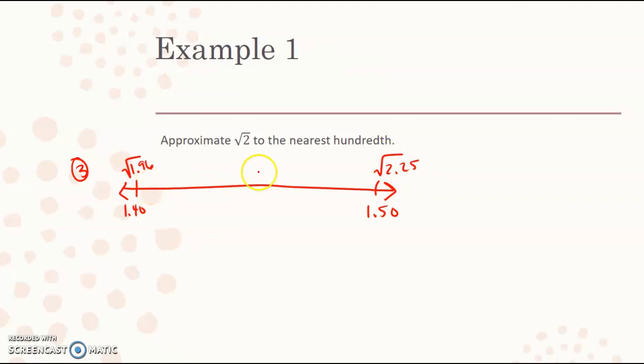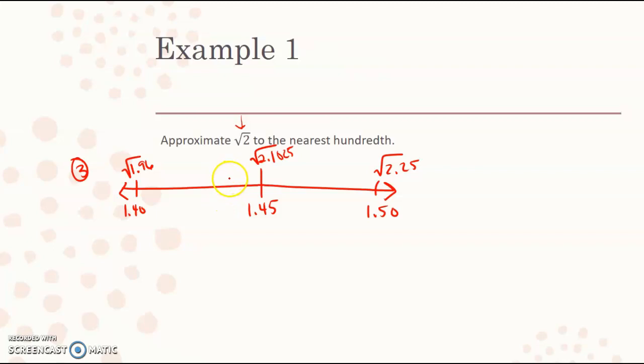And then halfway between 40 and 50 would be 1.45. What I'm going to start with is 1.45 squared, and we get 2.1025. So this is still above my square root of 2, right? 2.1.